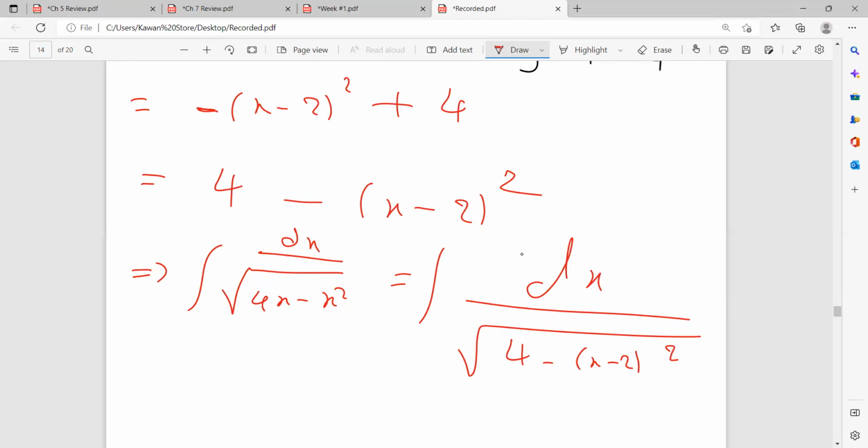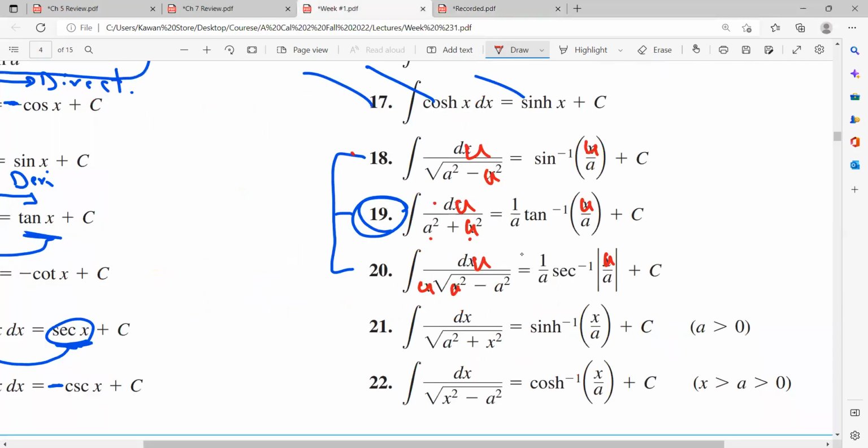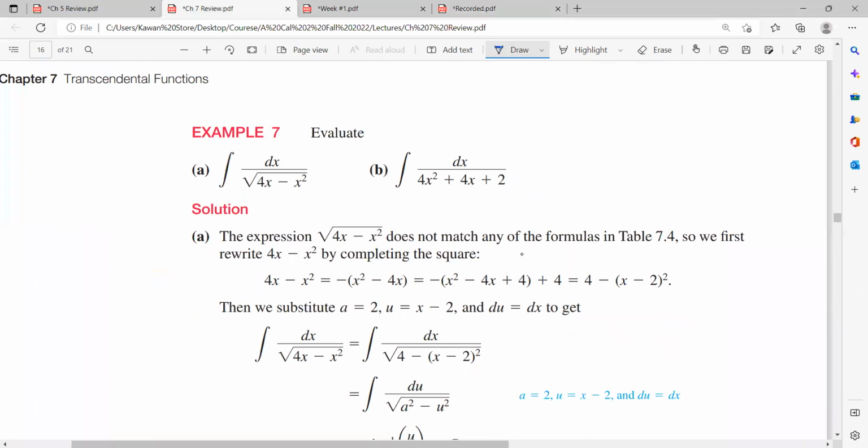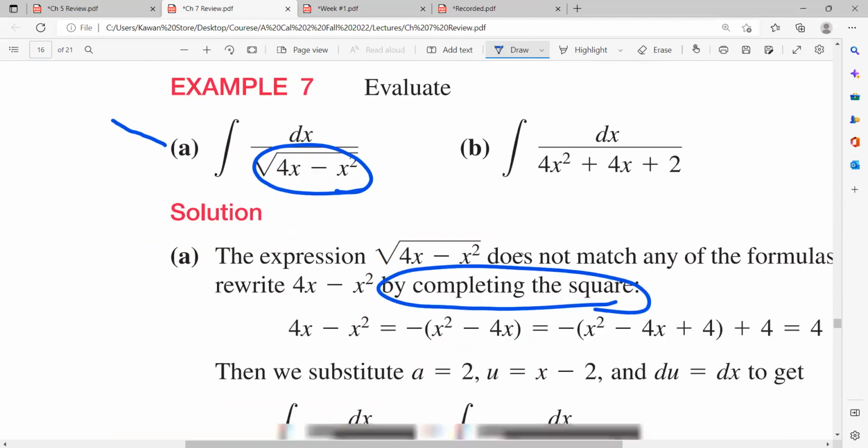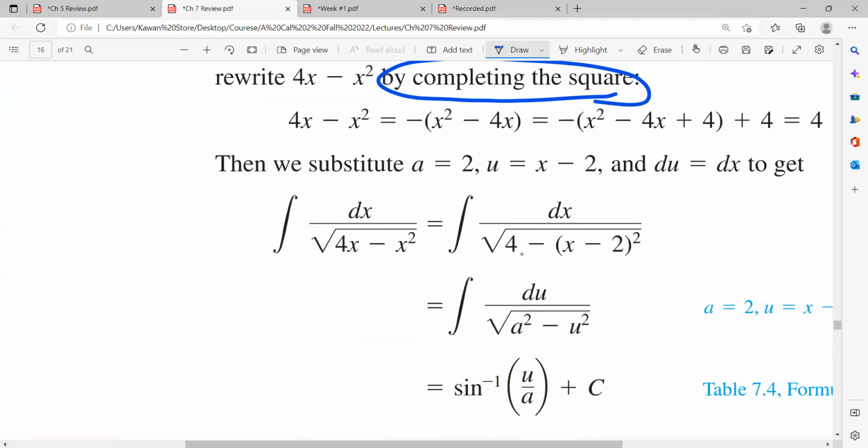Now we changed it, look at that example, this is in your chapter, I think 7, yeah, here. We changed that one by completing the square to get that formula.